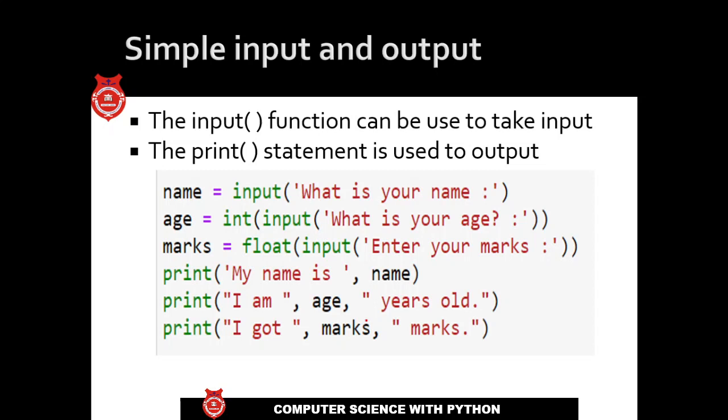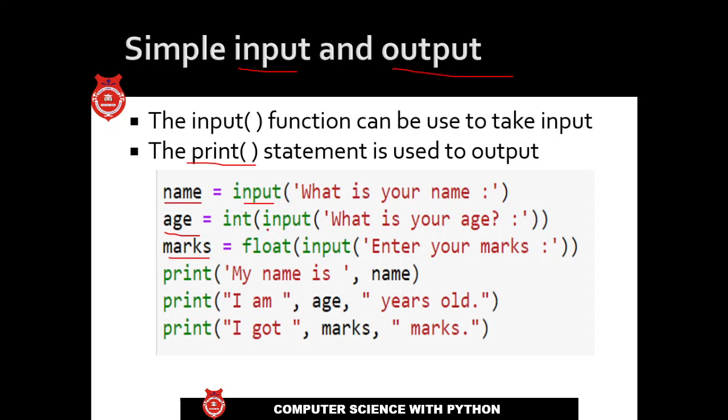And finally, let's talk about the input function and the output function. The input function can be used to take something from the keyboard, from the user, and the output function, the print command, can be used to print out something. Here we are going to take name, age, and marks. Using input, we ask the user to enter their name.